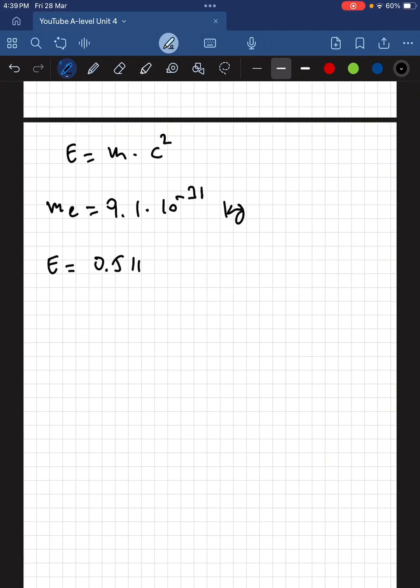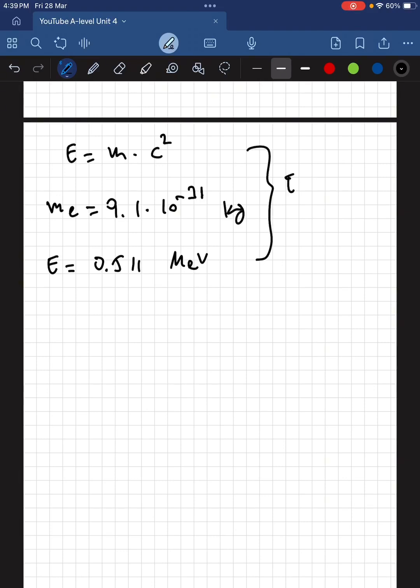Why did I write mass as MeV per c squared? Because energy is mass times c squared. And remember that if I take the mass of an electron, say, which is 9.1 times 10 to the -31 kilograms, and convert this into energy, I will find that the energy is 0.511 MeV, okay?